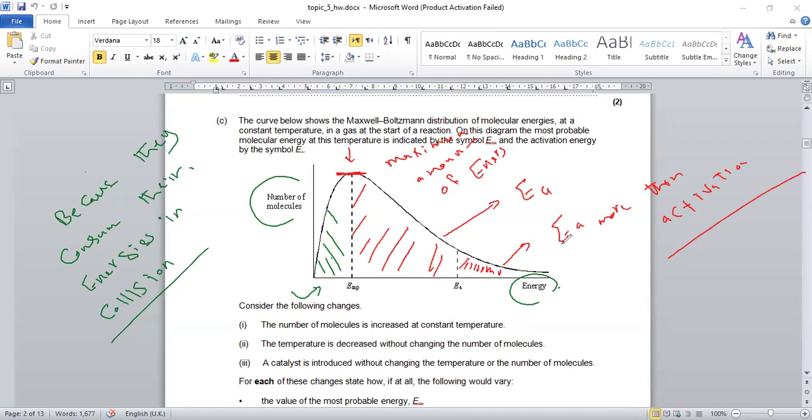You can imagine previously that all the molecules have the same level of energy, which is wrong. Not all the molecules have the same amount of energy. We have different classifications.